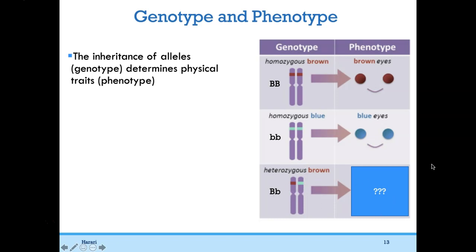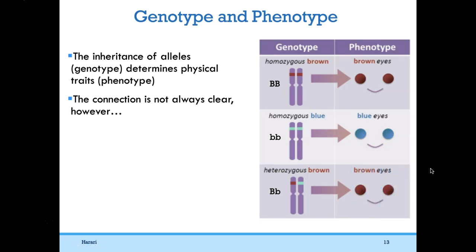What would the phenotype be? Right? The connection is not always clear, because we would see that this individual has brown eyes. Even though there's a blue-eyed allele, this individual's phenotype is still brown eyes. So this is interesting, right? The connection between genotype and phenotype is not that clear-cut. And this is what was revealed by early geneticists in the 19th century.